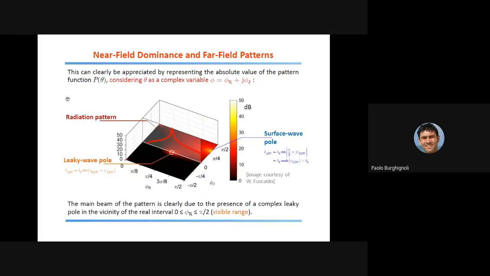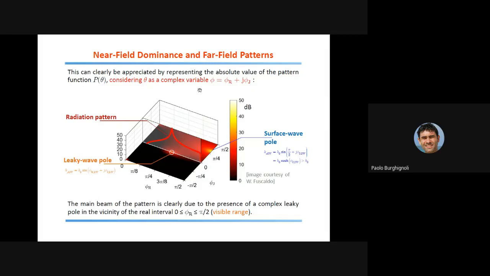Here in this final slide, you can see more exactly what happens. Here you see a pictorial representation of the absolute value of the pattern function as a function of the complex angle phi, which has a real part, phi r, and an imaginary part, phi j. This generalizes the usual real angle theta, which is the argument of the pattern function of this antenna.